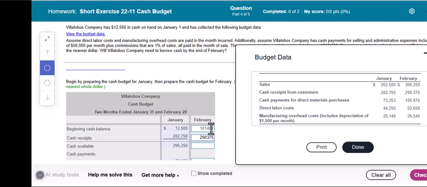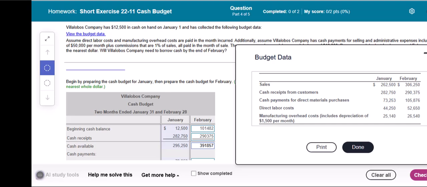So we add 101,482 to this 290,375. And that is going to give us a total of 391,857. So our cash available is looking great here, about $100,000 more than the previous month.